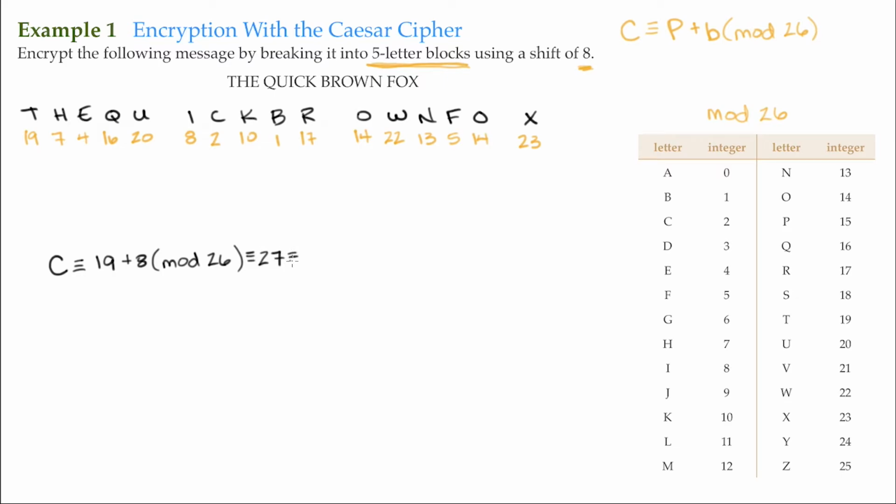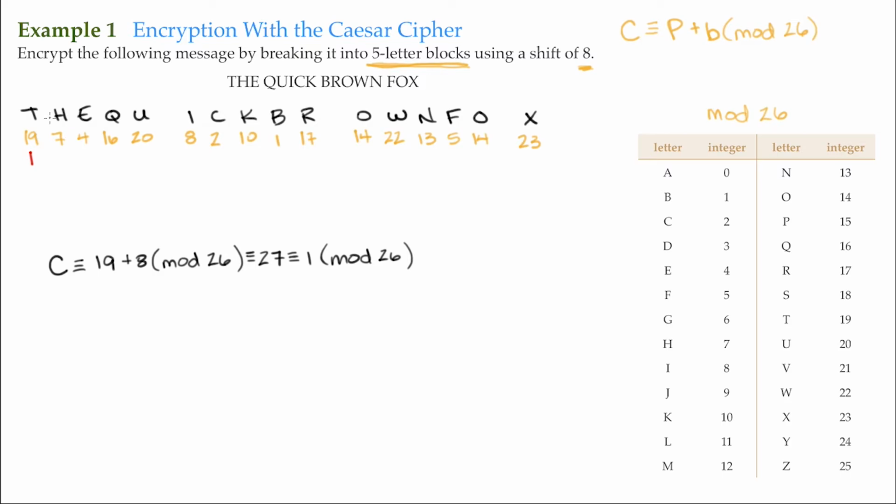And 27 is congruent to 1 modulo 26. The remainder here is the designated letter or number for the ciphertext. So this becomes 1. And then we do that for each one.